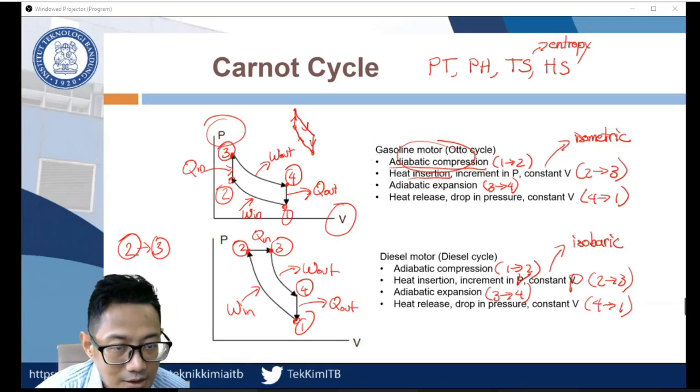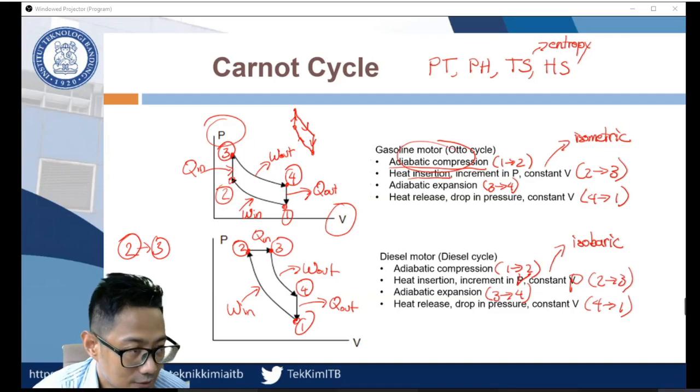Consequently, if you want to go to a much higher RPM, it will be better to have Otto cycle because of this similar condition between heat insertion and heat release, both using isometric condition. So it's good for a high-speed car.